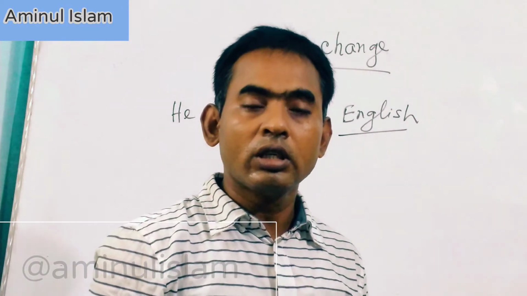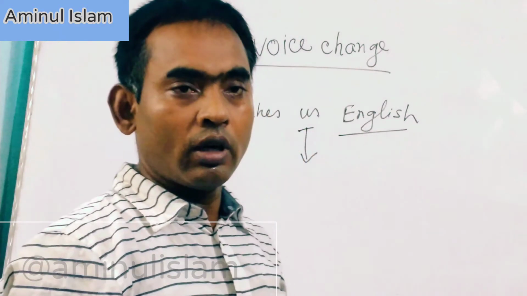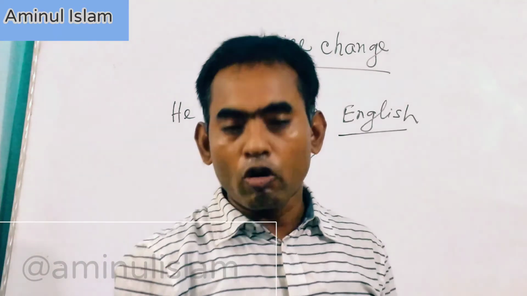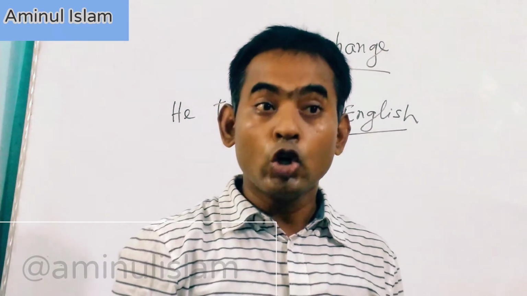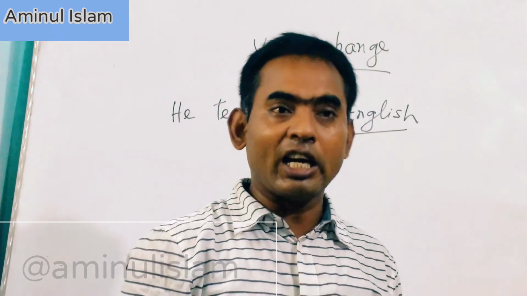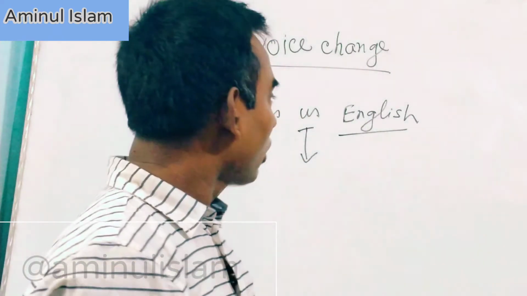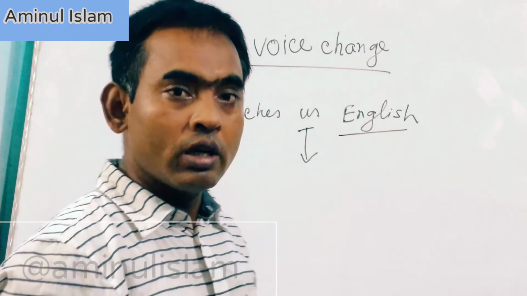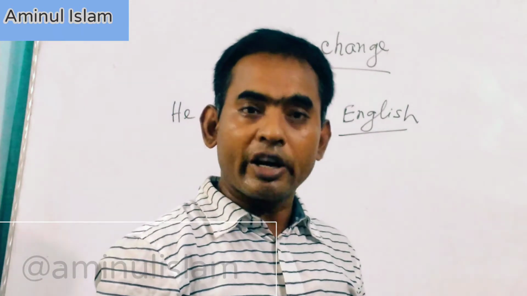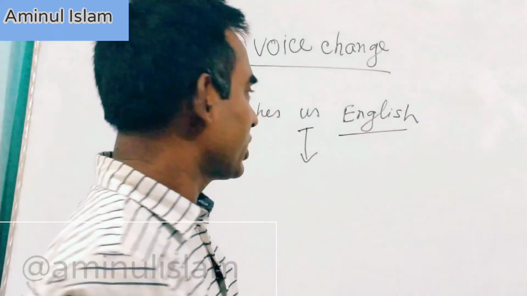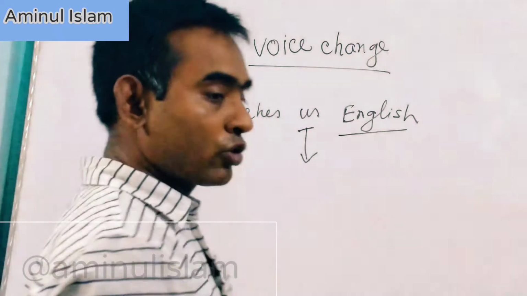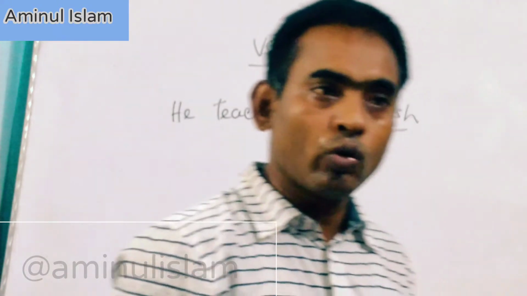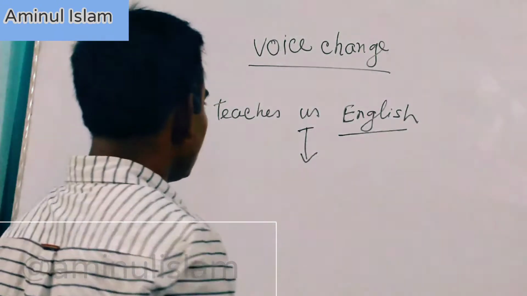When a transitive verb takes a noun or a pronoun or noun clause or noun phrase to express its meaning clearly, then we call it an object. There are two types of object: direct object and indirect object. Personal objects are indirect objects and material objects are direct objects.